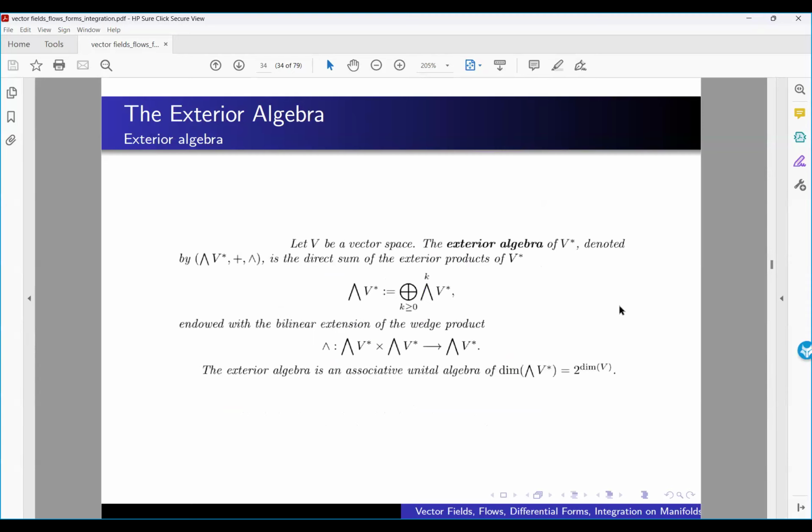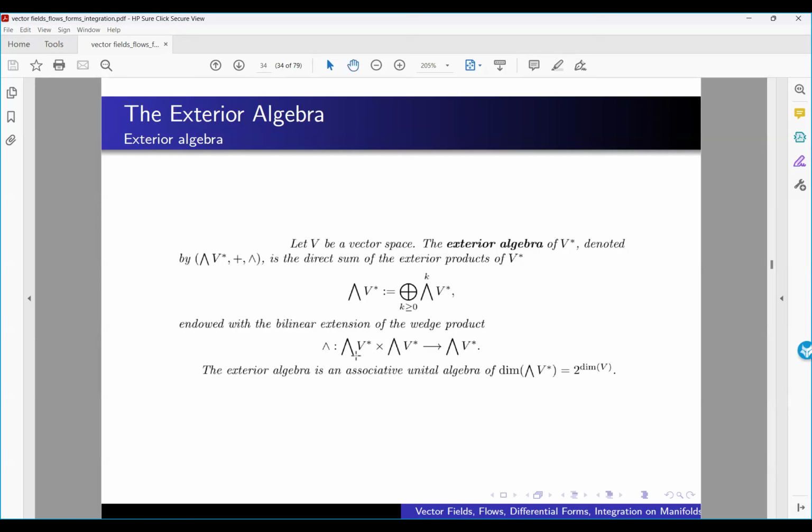Okay, now we are going to define the exterior algebra of V star to be the direct sum of the exterior powers of V star. So you have a notation like this, and then we are going to extend the wedge product on the exterior algebra.